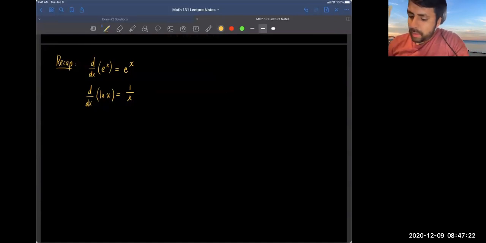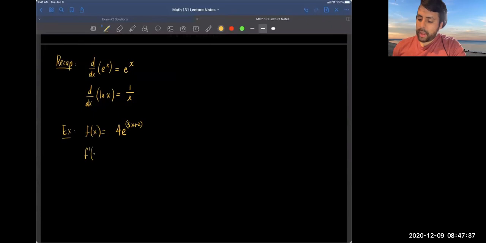What would be the derivative of this function? If I gave you f of x is equal to 4e to the 3x plus 2, what would be f prime of x?